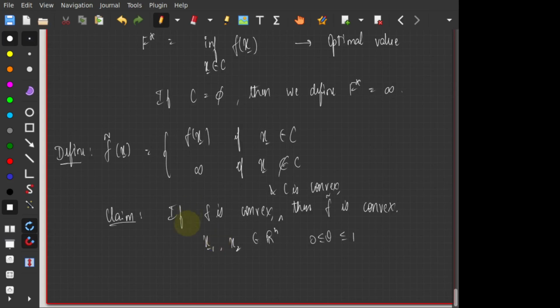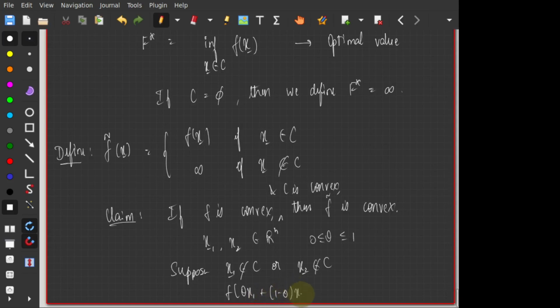So suppose x1 is not in C or x2 is not in C. It's also possible that both x1 and x2 are not in C. It doesn't matter. So on the left hand side, you have f of theta x1 plus 1 minus theta x2. Now this could be finite or infinite, doesn't matter.